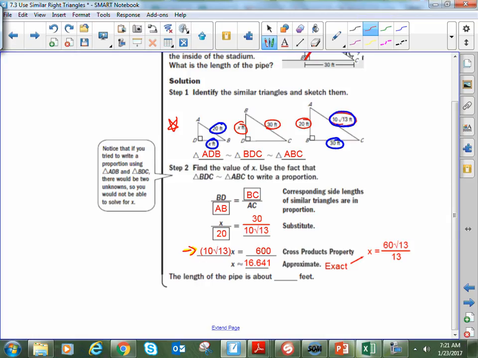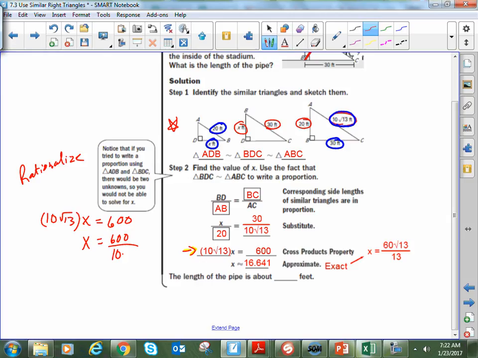What we're saying here, and please make sure you copy this down into your notes, is if we say 10 radical 13 times x is equal to 600, to get our exact answer, we're going to have to do something called rationalize a fraction. When we multiply x by a radical number, we get rid of it by dividing, which gives me 600 over 10 radical 13.